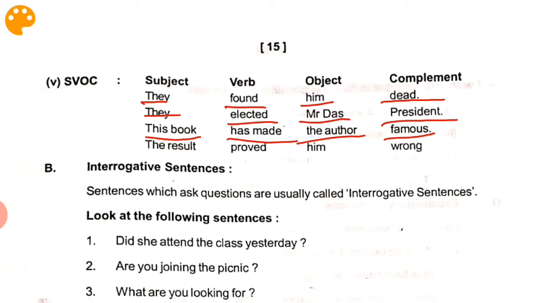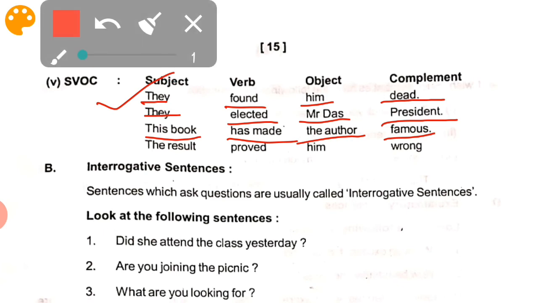Sometimes students get confused while choosing between the SVOC and SVOO patterns. There is a little difference between these two patterns. In the SVOC pattern, if we omit the complement, the sentence remains incomplete. We can understand from the example here. The first example, they found him.